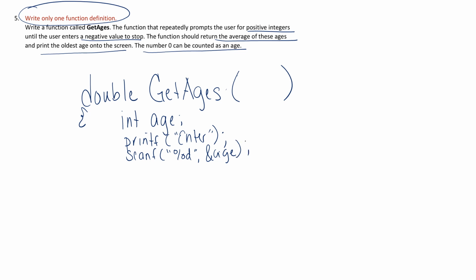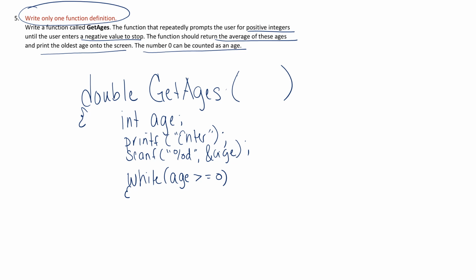And I'm going to continue to get ages as long as they don't enter a negative value. So my test is, this is my initialization. So I'm going to say while age is greater than or equal to 0. So if I get a positive value, I'm going to get another age.